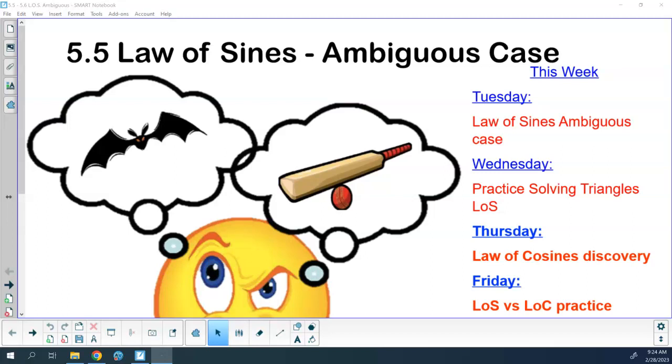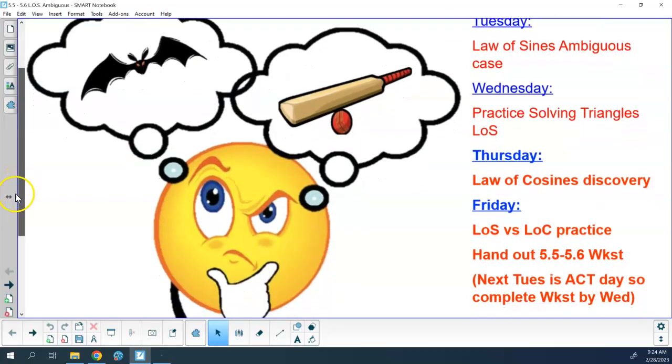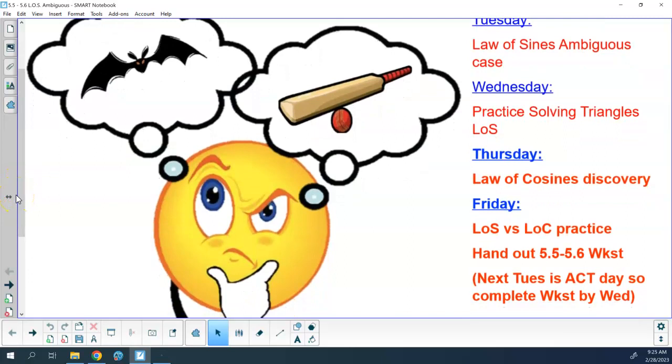Friday of this week is going to be comparing, using both of them and all that fun stuff. Now, next week, Tuesday, is ACT Day. So next week, Tuesday, a week from today, you guys don't have class, regular class, because juniors are going to be taking that one. So we'll hand out the worksheet that we then want to have done by next week.